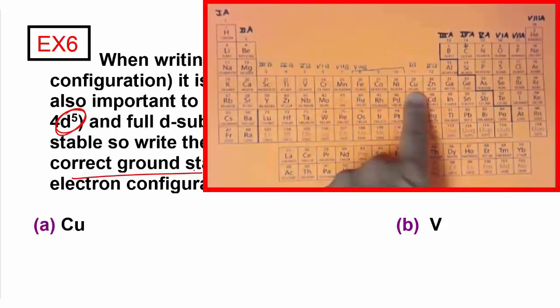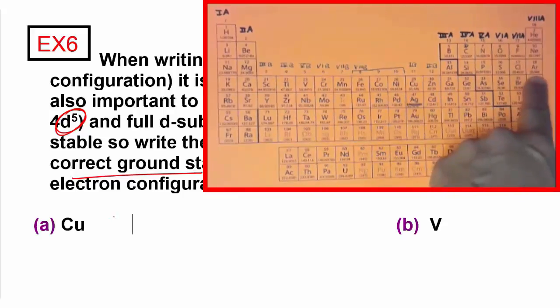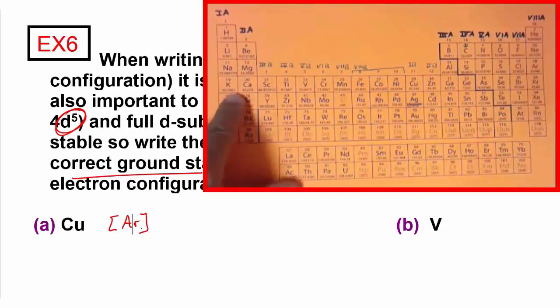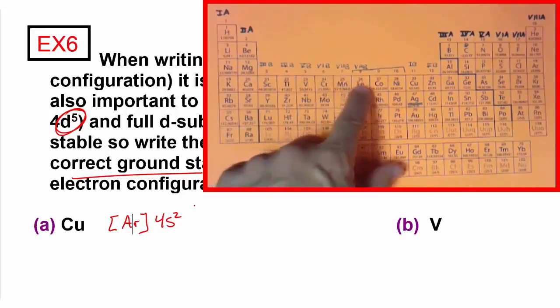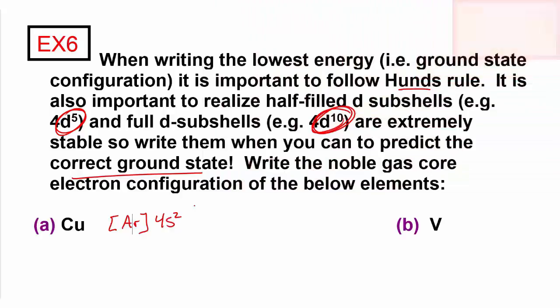Copper. What's the noble gas core electron configuration of copper? Well, we start with argon, and we're down here. 4s2, 3d1, 2, 3, 4, 5, 6, 7, 8, 9, 3d9.